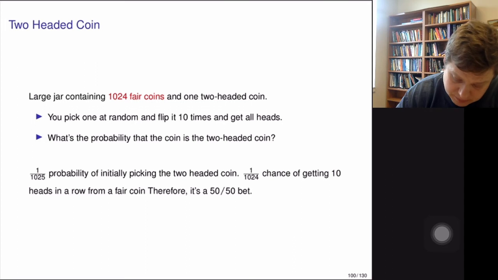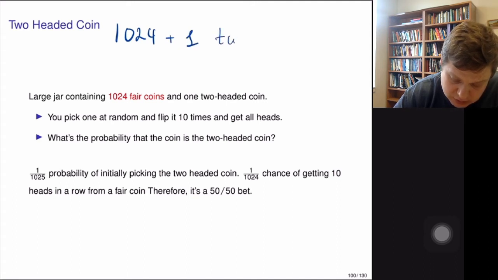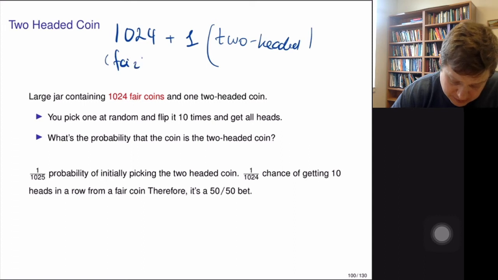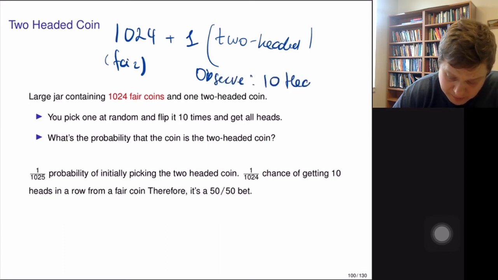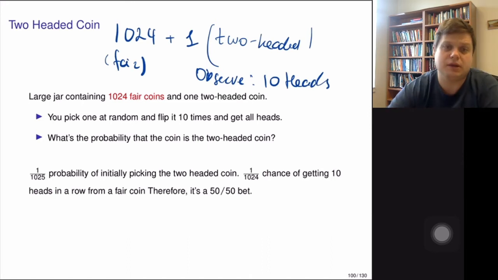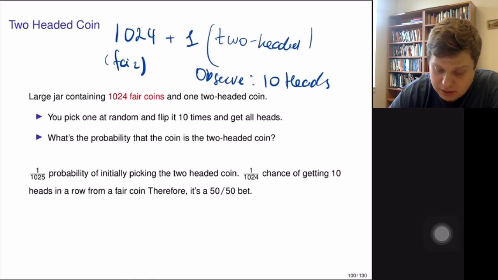So you have 1,024 fair coins plus one two-headed coin. This is the two-headed coin, these are fair coins. You randomly pick a coin, flip it 10 times, and observe 10 heads. Okay, so what's the probability that the coin you picked from the jar is the two-headed coin?